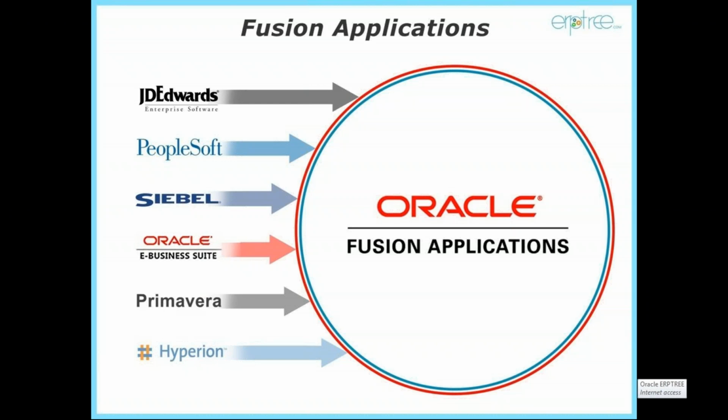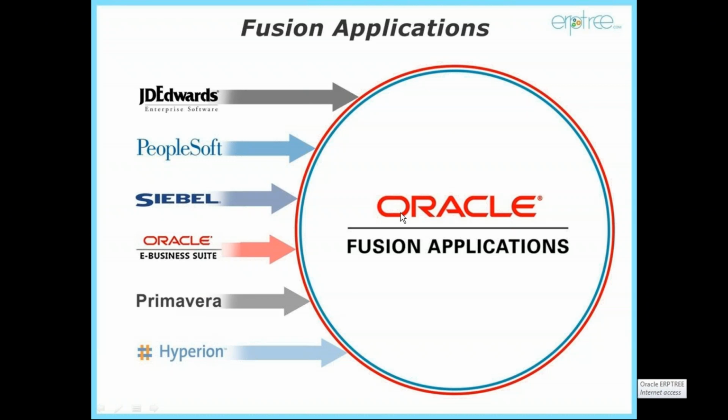They acquired many products, and by acquiring many products, what they built is Fusion Applications. That means from PeopleSoft, which is a famous solution, they selected it. From Siebel, from JD Edwards, what is famous they took. From Siebel, what is famous. From EBS E-Business Suite, what is famous. From Primavera, what is famous.